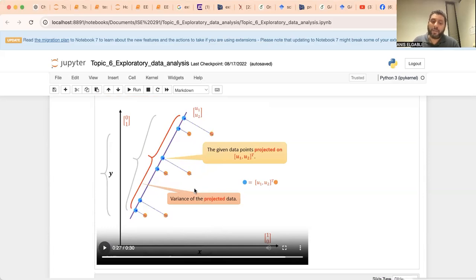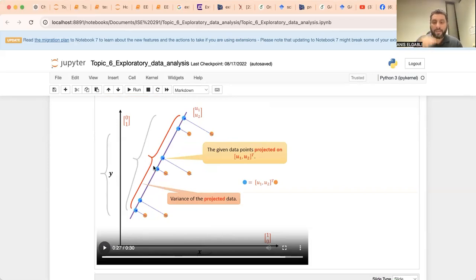The second principal component first has to be orthogonal to the first one, and among all orthogonal directions, the one that captures the most variance is the best one. So one direction is this one, and the other direction is the one that goes through the screen, right?